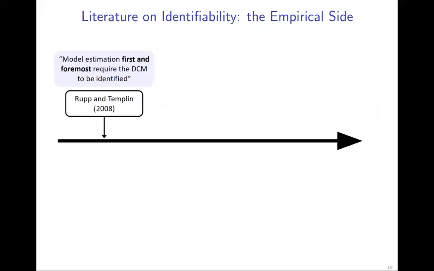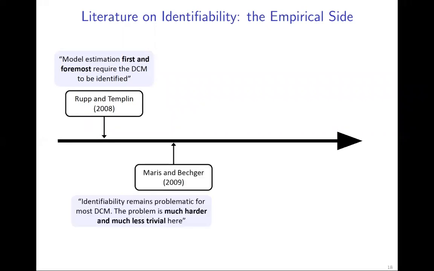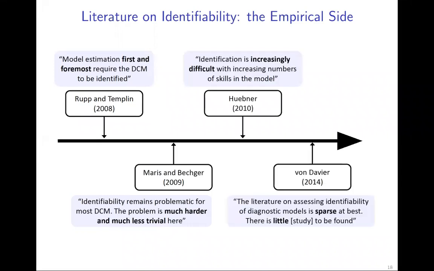So identifiability in layman's language basically means that, based on the observed data, the model parameters of interest can be uniquely recovered. And this is usually a problem to watch out for in latent variable models. And for this complicated family of latent attribute models or diagnostic models, I want to briefly present how empirical researchers view this problem.